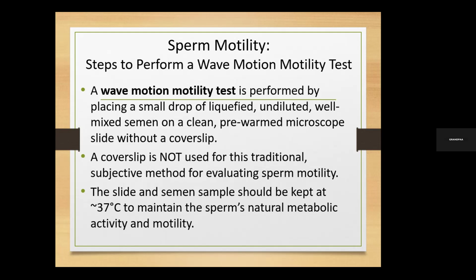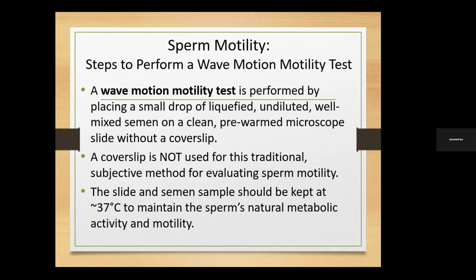It means that we are ruling out any tendency of temperature causing any defect on the motility. So you put a drop there, and you don't apply any cover slip. And we said over and over again that here it is important that both the sample and the slide you are going to use ought to have been kept around 37 degrees.